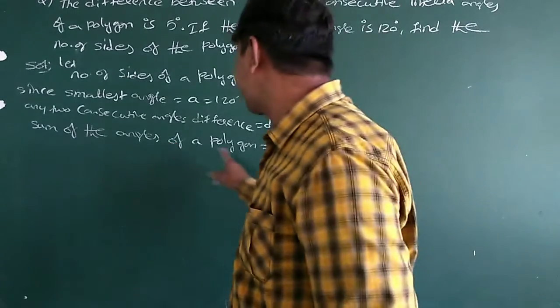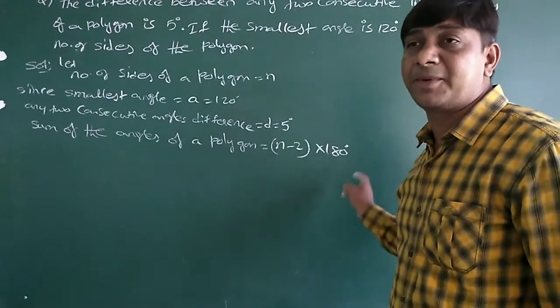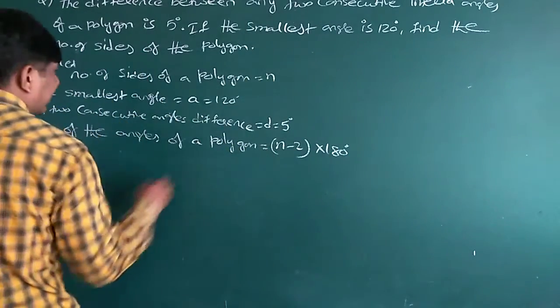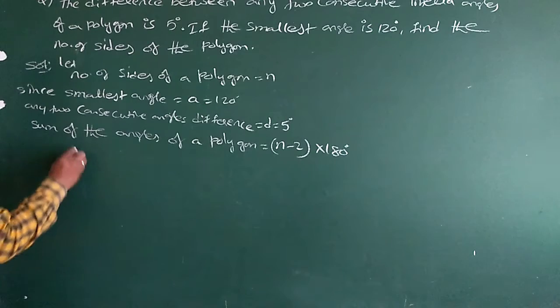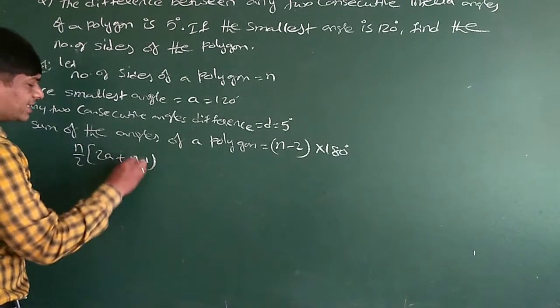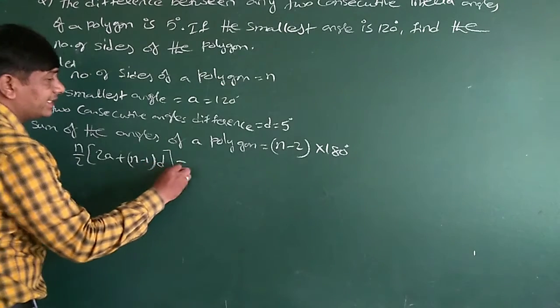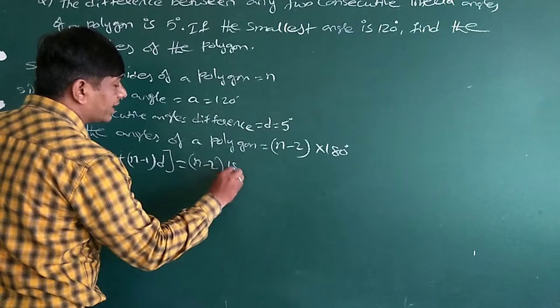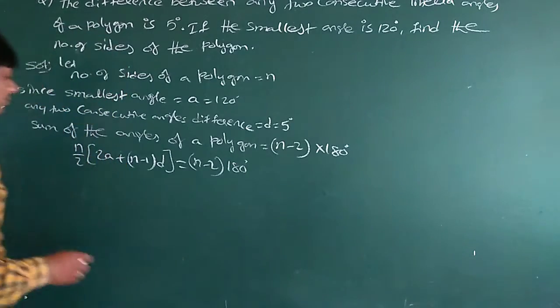The sum of the angles of a polygon is the standard angle sum property. But as per this one, what is your formula? n by 2 into 2a plus n minus 1 into d is equal to n minus 2 into 180 degrees.